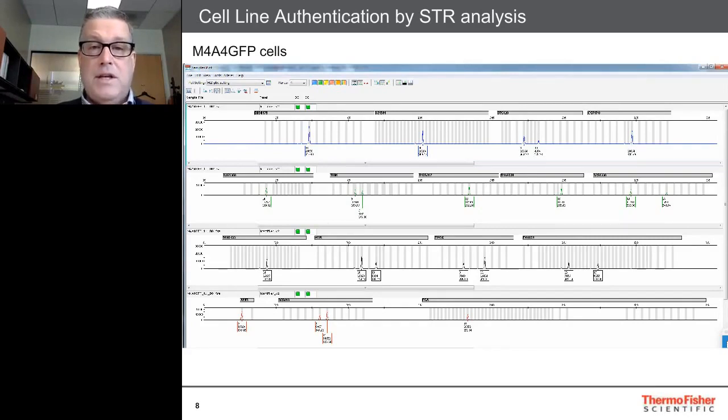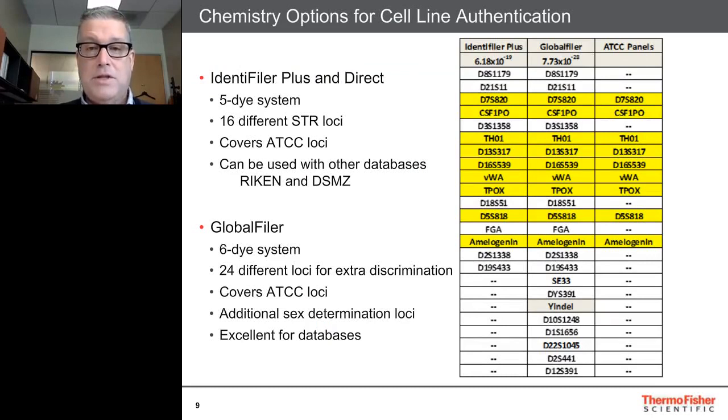In this case, at this particular locus, this individual is heterozygous because they have 2 different sized peaks, indicating that there are 2 different sized STRs at that particular locus. So by going through and using the different loci, you can generate a cell line profile that is unique for that particular cell line.